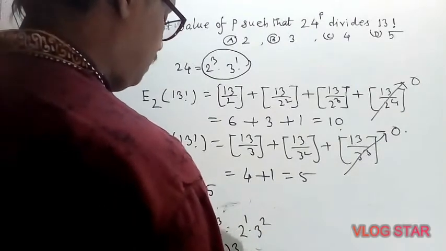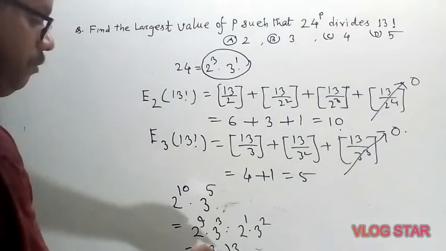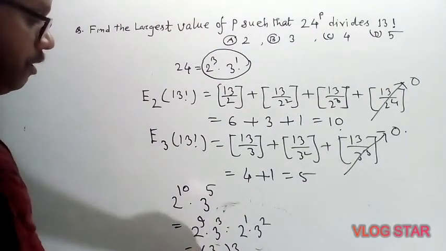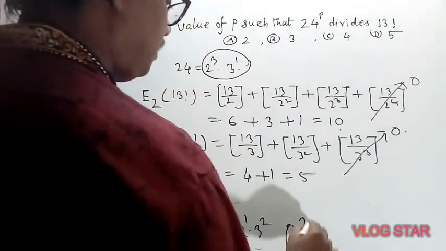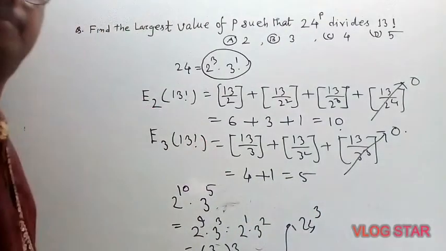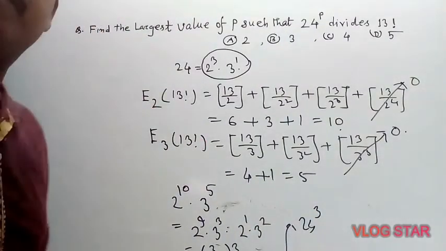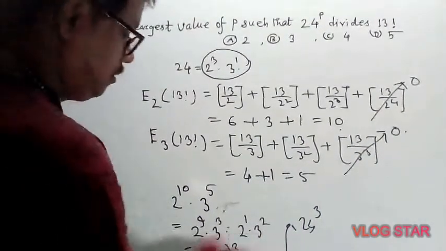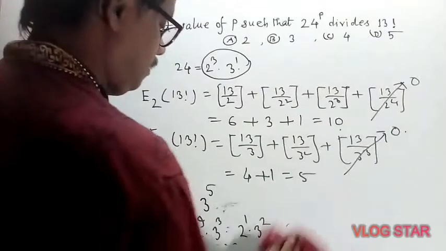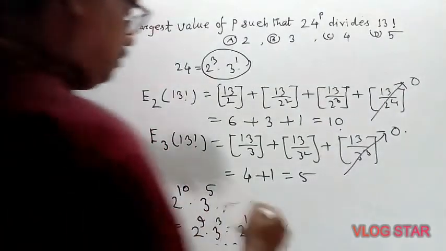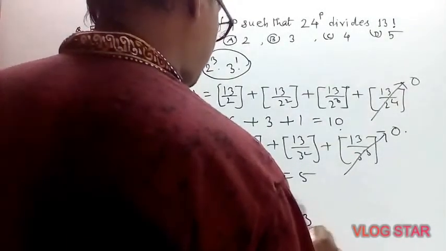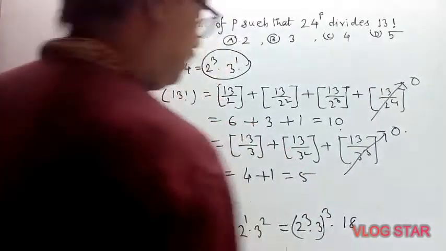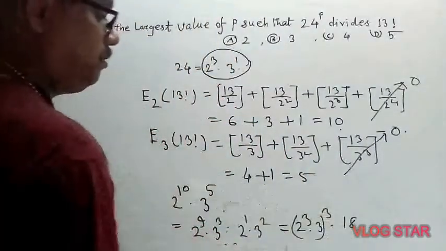So this equals 2 power 3 into 3, whole cube, times 18. Now how many 24s are there? This equals 24 power 3 into 18, and 18 is less than 24.